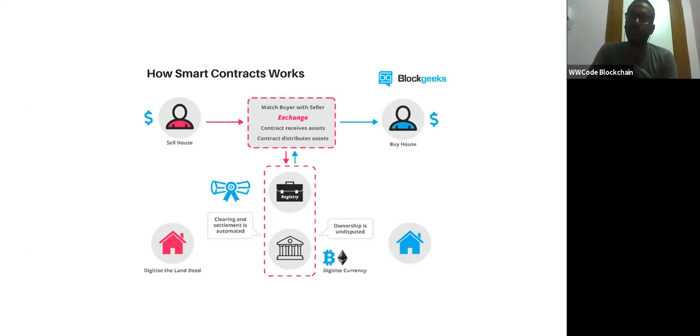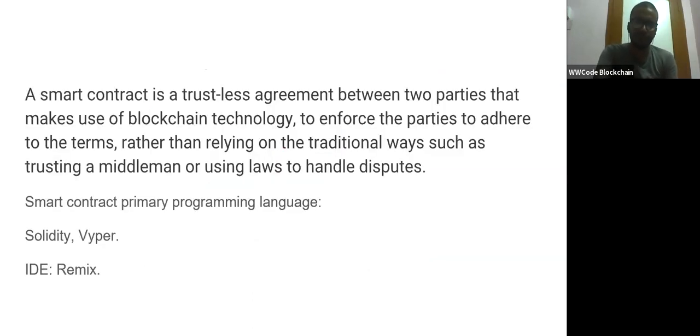No one can execute it manually. And a smart contract is a trustless agreement between parties that makes use of blockchain technology to enforce the terms, rather than relying on traditional ways, such as a middleman or using laws to handle disputes.